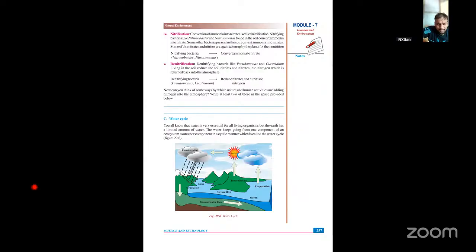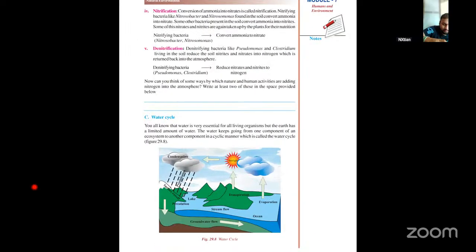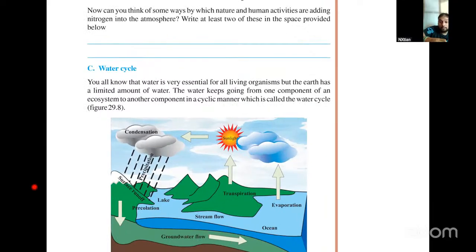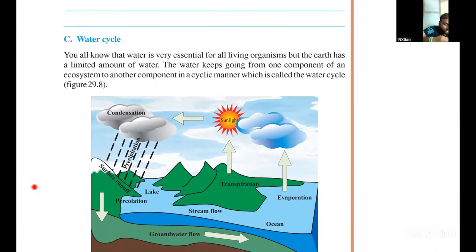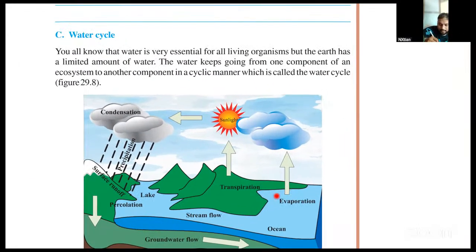See, the explanation is totally correct, but here some more terms are there. So first is evaporation. As we learned, evaporation is the change of water into water vapor by heating. Correct.